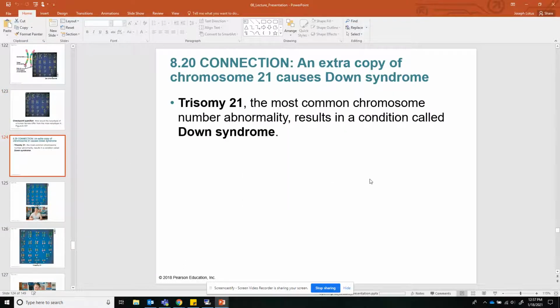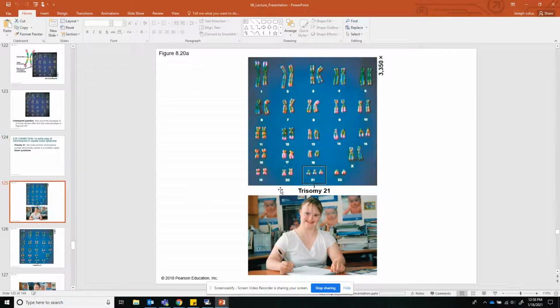So there's a disease that occurs with some people. It's called Down syndrome, and it's very serious. And Down syndrome is caused by trisomy 21, which means you have 3 number 21 chromosomes. So instead of having 2 of each type, you have 3 of this one.